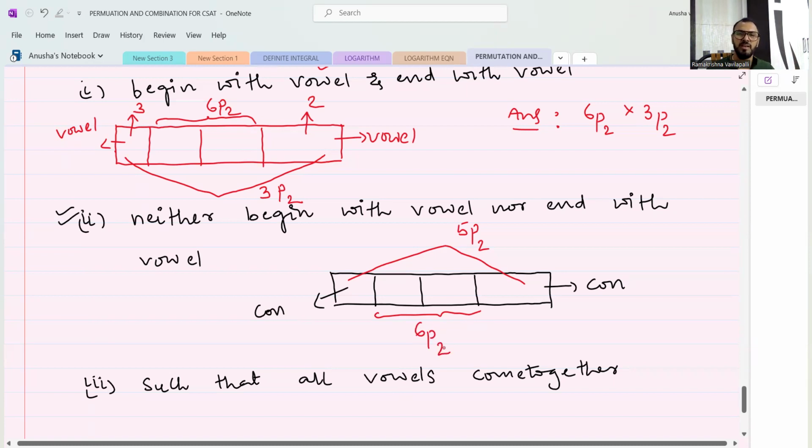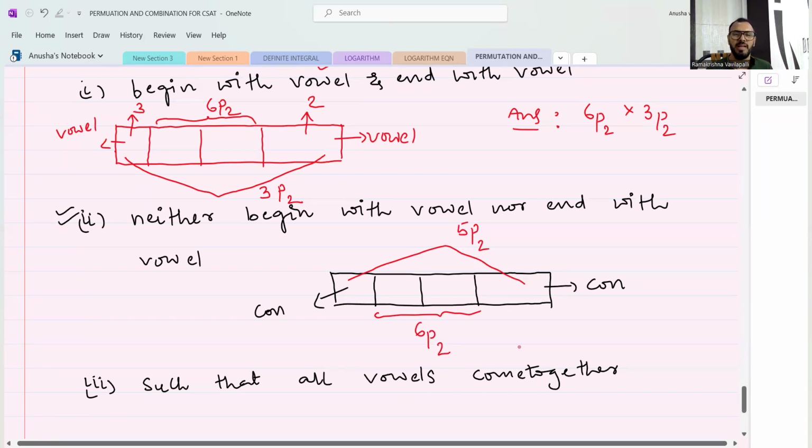First box is filled with a consonant. Last box is filled with a consonant. And now the two middle boxes can be filled with either vowel or consonant, because these two boxes have no restriction. Only the first letter should not be a vowel and the last letter should not be a vowel.